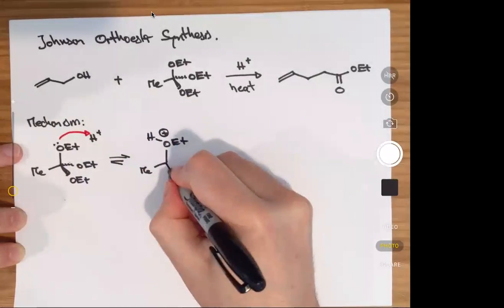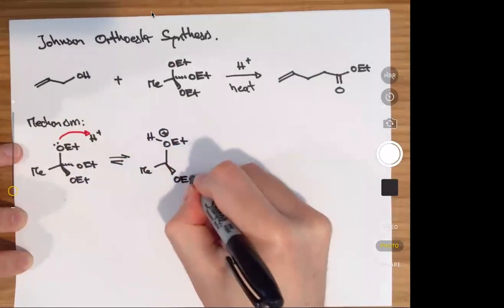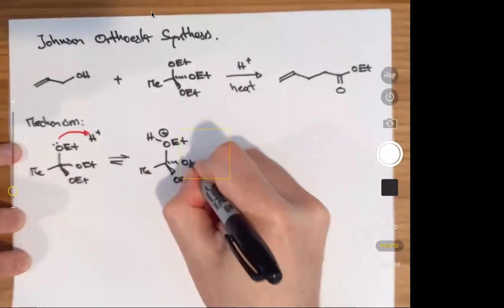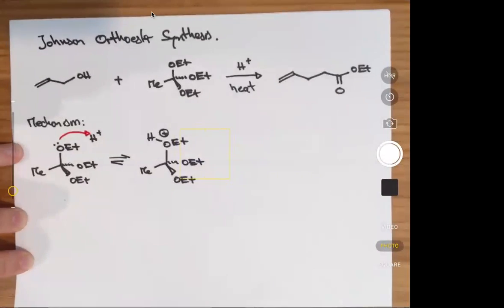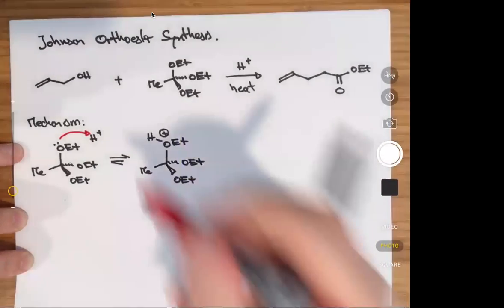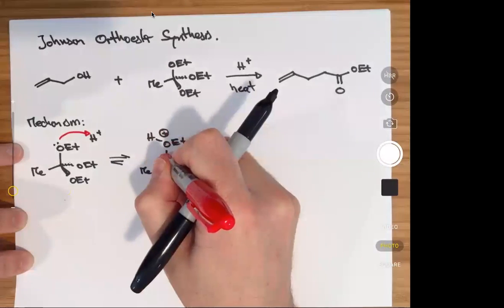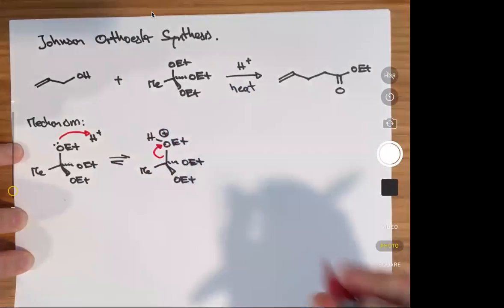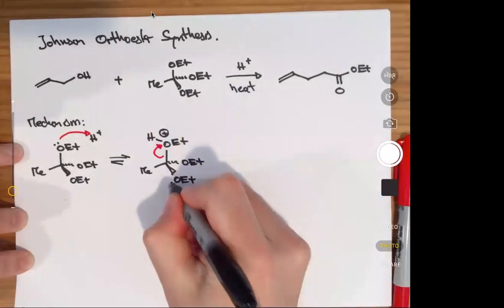Positive charge over here. And then as part of this, this is now a pretty good leaving group. This can grab the electrons essentially and be cleaved from the system.